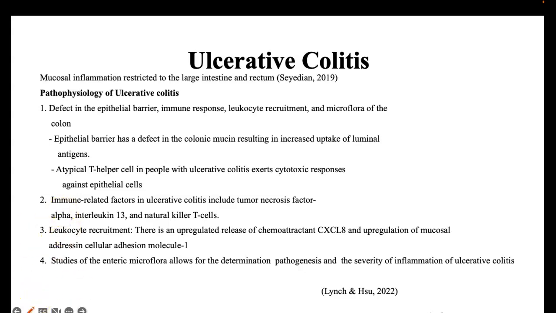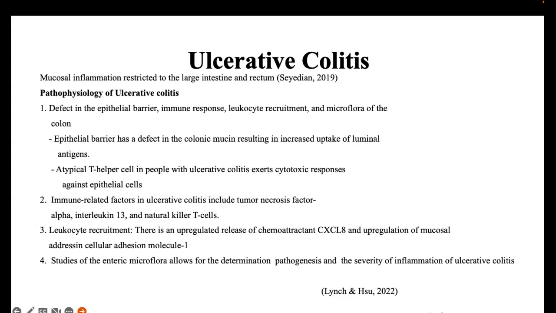Atypical T cells or T helper cells in people with ulcerative colitis exert cytotoxic responses against the epithelial cells. Immune-related factors in ulcerative colitis include tumor necrosis factor alpha, interleukin-13, and natural killer T cells. In leukocyte recruitment, there is an upregulated release of chemoattractant CXCL8 and upregulation of mucosal addressin cellular adhesion molecule 1.